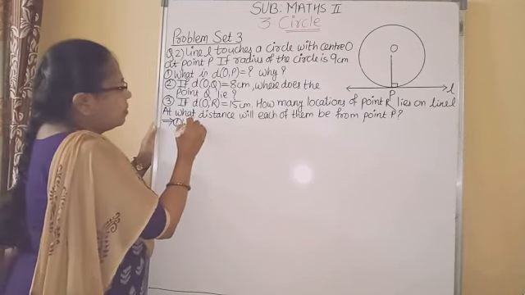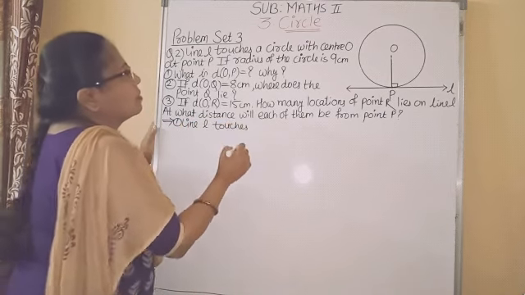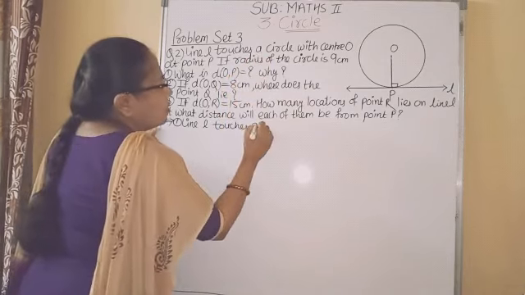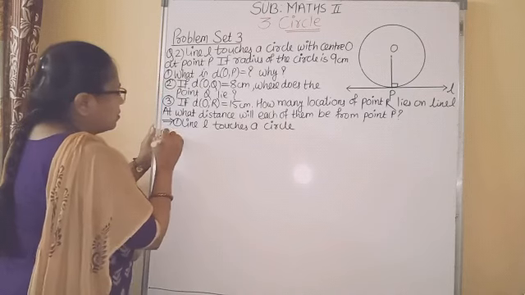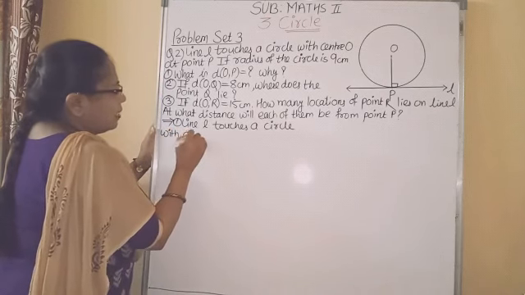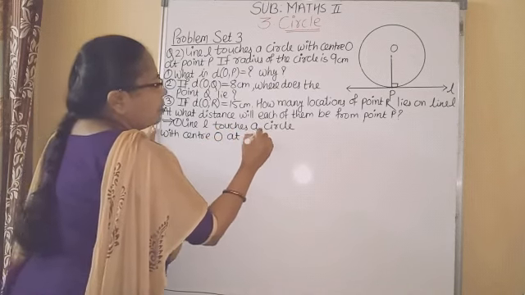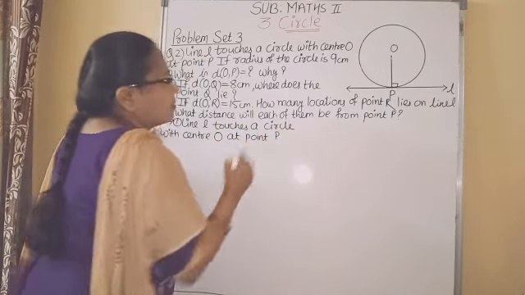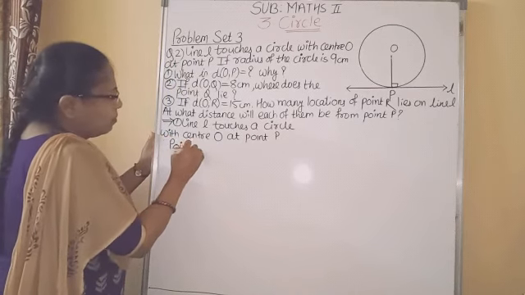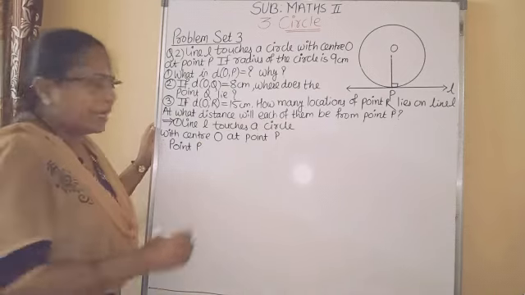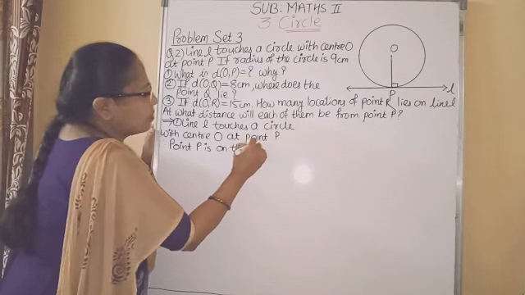Line L touches a circle with center O at point P. Therefore, point P is on the circle.